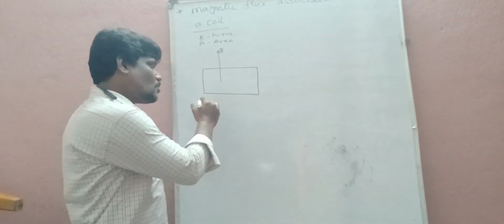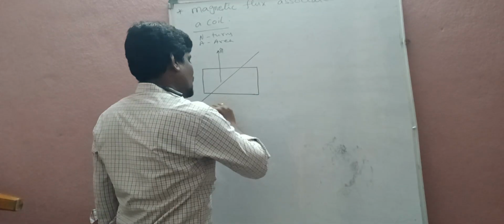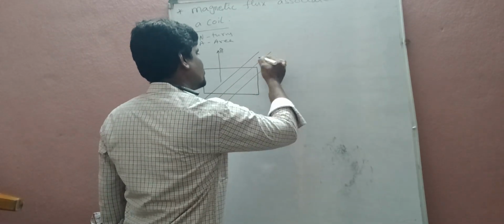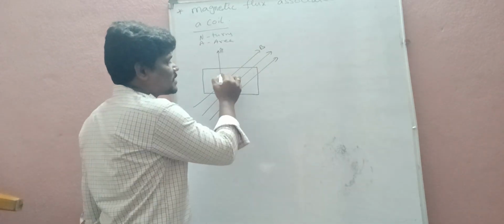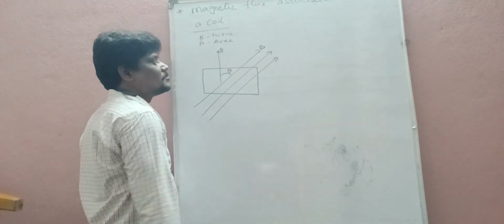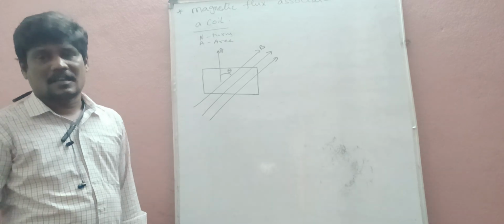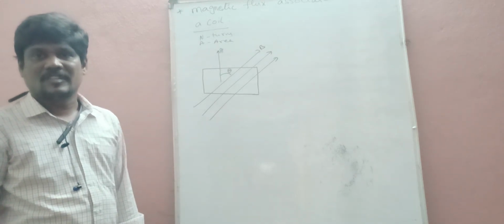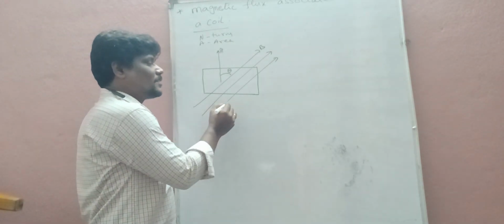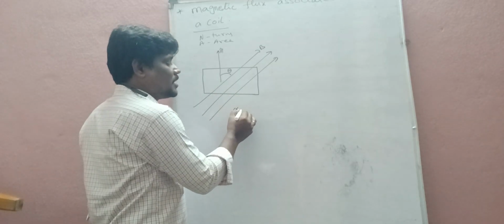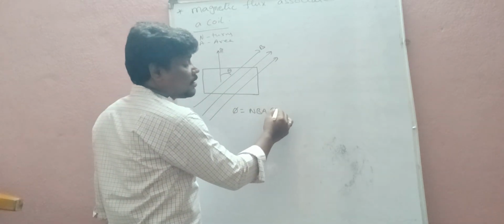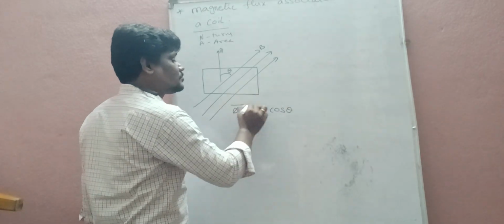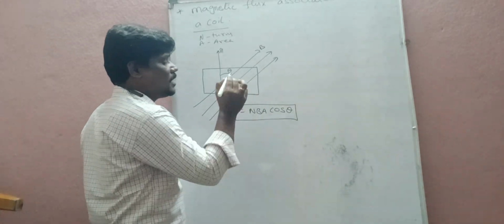Now, if the coil is placed in a uniform magnetic field, which makes angle theta with the unit vector or normal vector, then what is the flux? Flux phi equal to NBA cos theta.